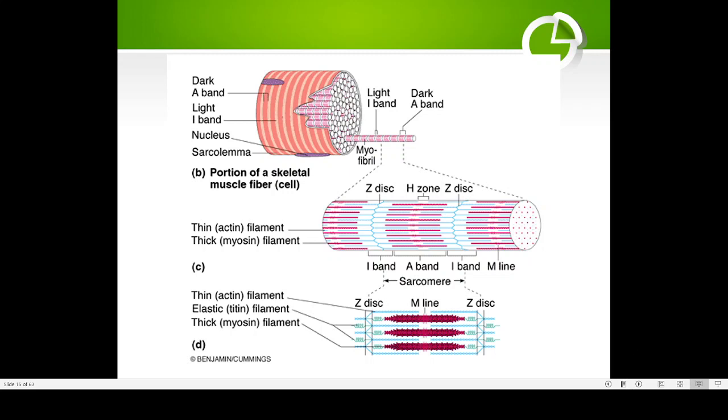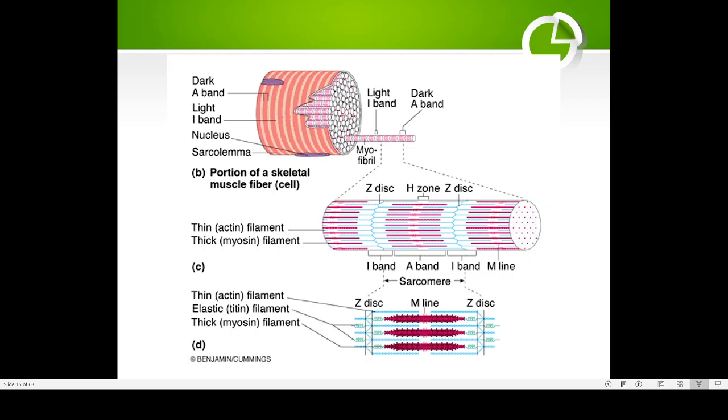Now one sarcomere is again enlarged here. What we are seeing inside the sarcomere is an actin region, and at the center of the actin region we find the Z line or Z disc. Now at the middle we find the myosin protein, that is the thicker protein.